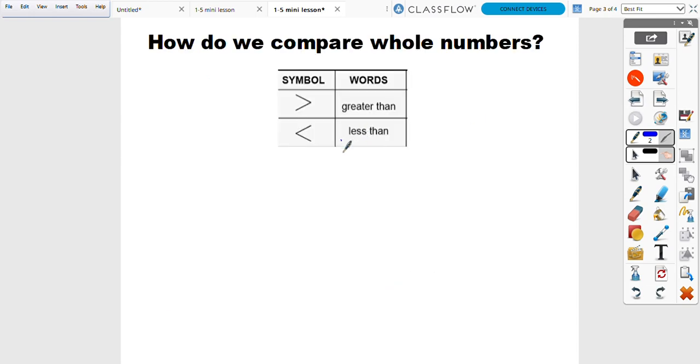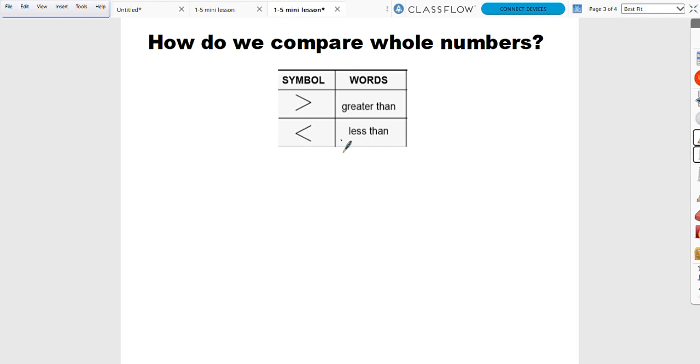So let's look at how we compare whole numbers next. Whole number comparisons use greater than and less than symbols, and that's what you're going to have to do today with decimals.